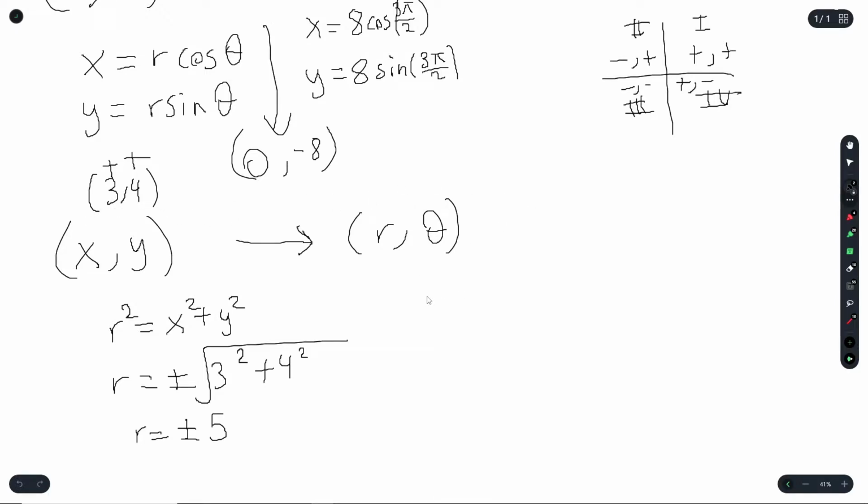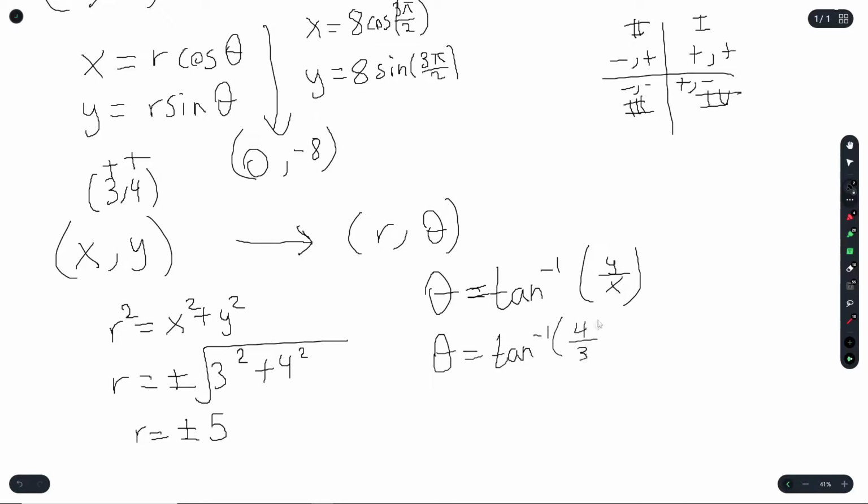So then to get theta we do tan inverse of y over x. So again, theta is equal to tan inverse of y over x, which is here 4 over 3. So tan inverse of 4 over 3 is 0.927.